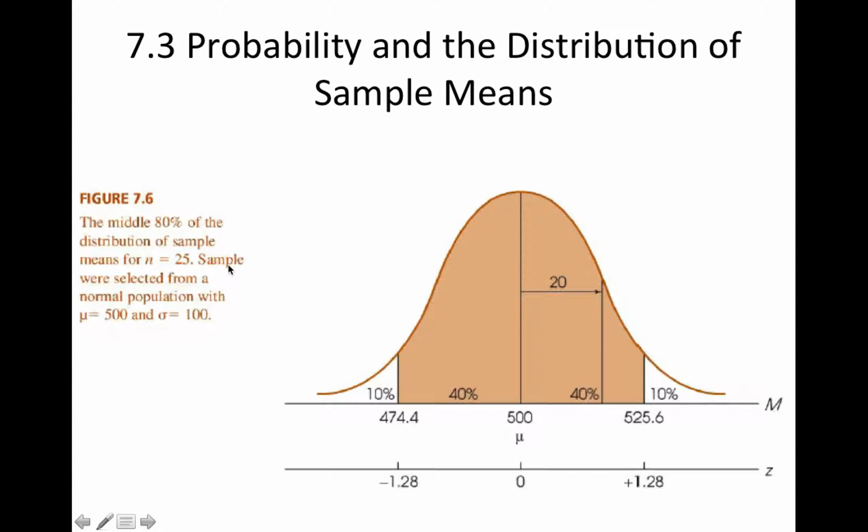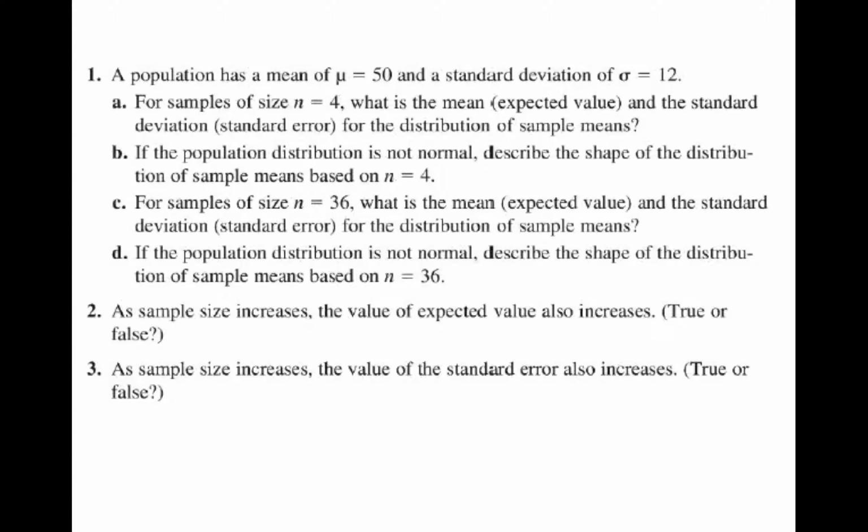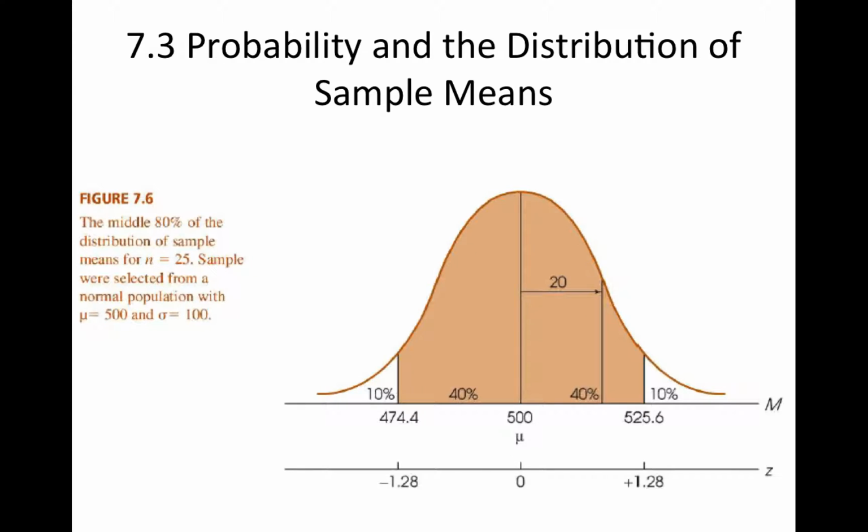Well, the standard deviation of the distribution of sample means, if we look at the previous slide, is this equation, sigma over the square root of n. Okay, so if we think about it, sigma is 100, and the square root of n, 25, is 5. So 100 over 5 is 20. And that's why we see a standard deviation of 20 for this distribution, which is the distribution of sample means.